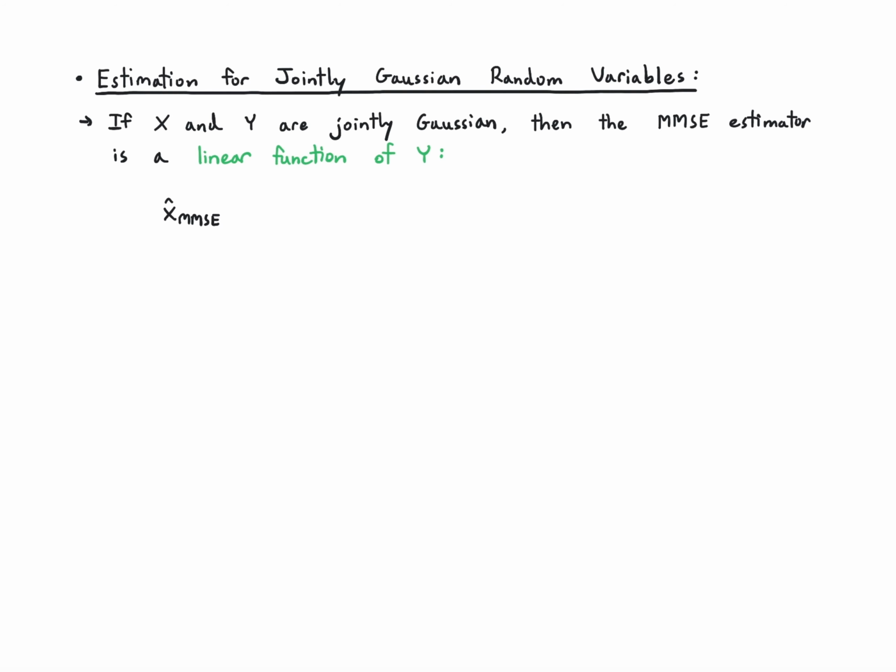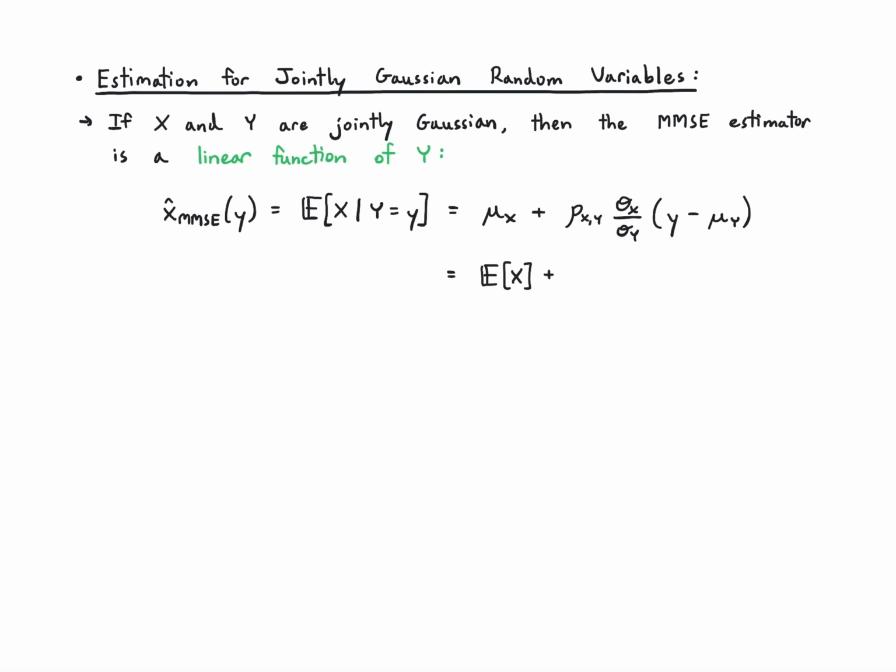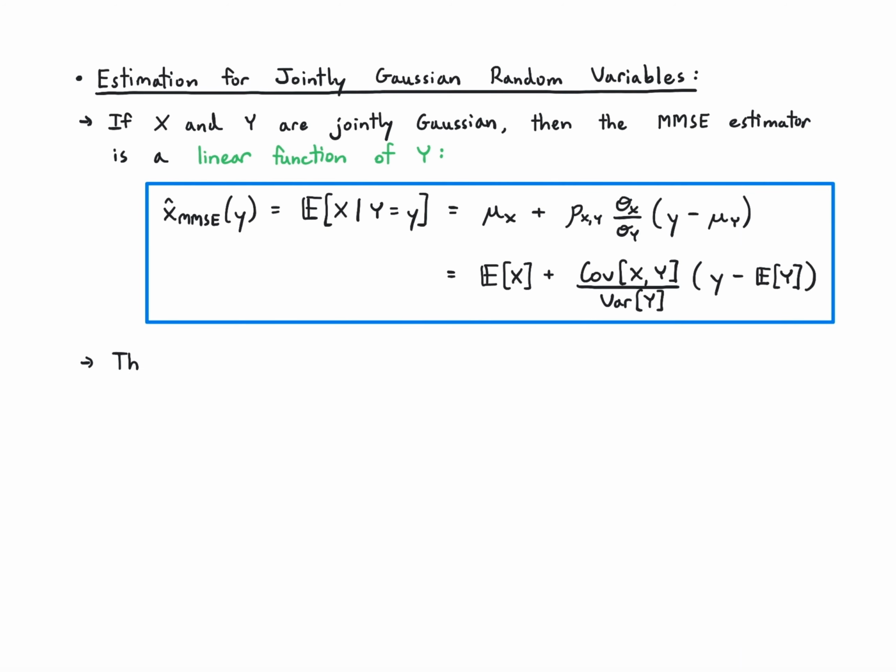Why is that the case? The MMSE estimator is the conditional expectation, and if you remember from before, the conditional expectation is just a linear function of y. It's the mean of x plus the covariance of x and y over the variance of y, times y minus its mean. We've seen this before. Now I'm using it to tell you that estimation is quite nice for jointly Gaussian random variables.